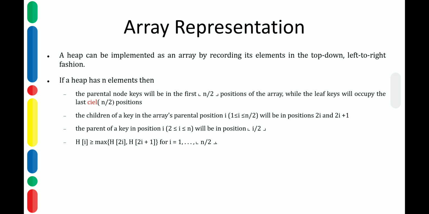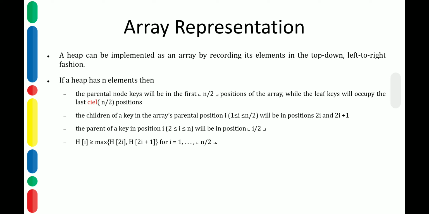So if we look at the elements in a heap, the highest element will be at the root position. And as we move downwards, the values decrease. So if we consider the ith element, heap of i, the value of the ith element should be larger than its children.